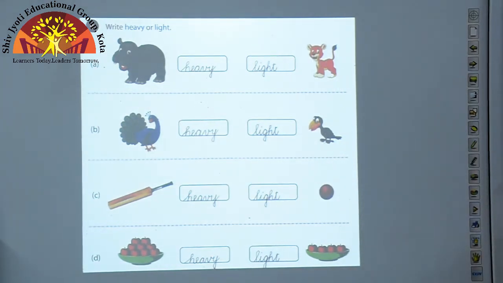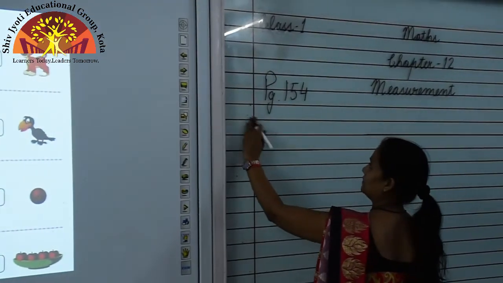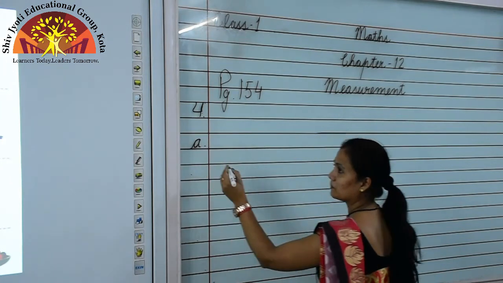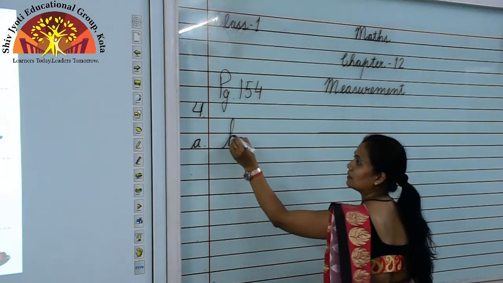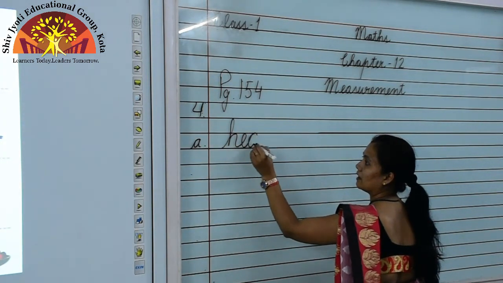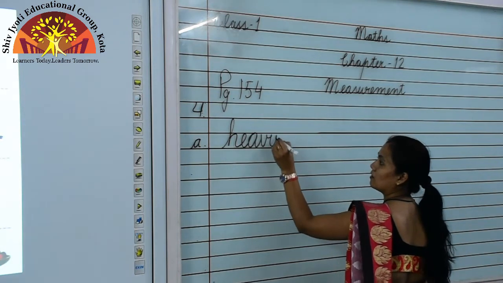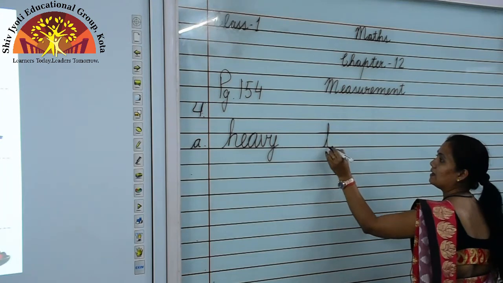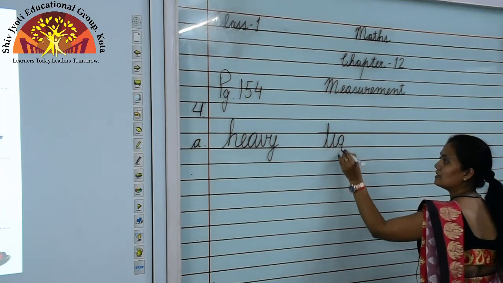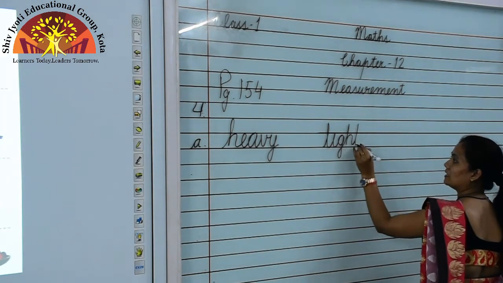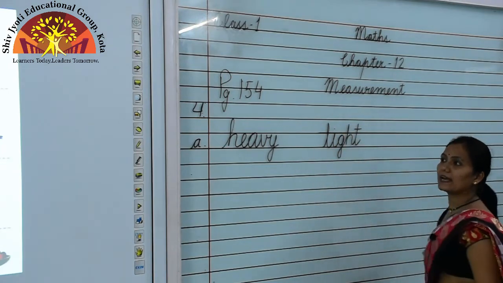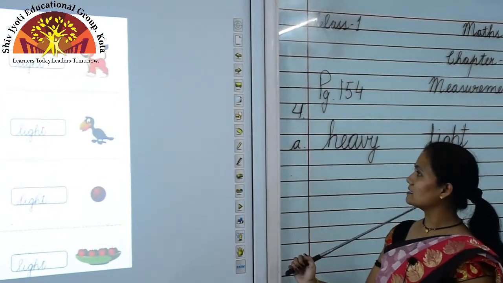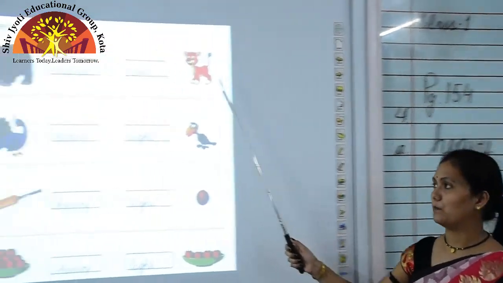You can see here A. H-E-A-V-Y, heavy. L-I-G-H-T, light. So we'll write heavy in front of hippo and light in front of a cup.